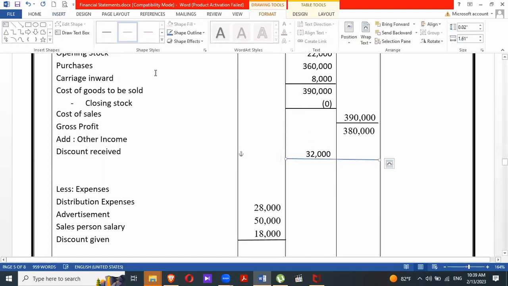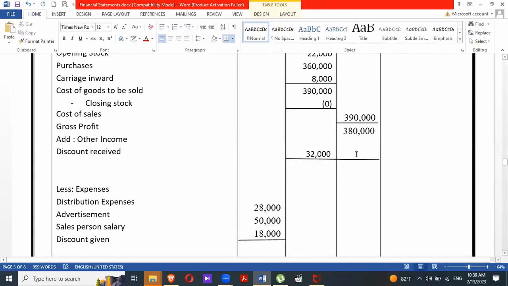Likewise, you can put 32,000 to the other side, as there's only one figure, 32,000 like this. Then you can take the summation. 380,000 plus 32,000. Here that total should be recorded. Don't miss that, right? Sometimes the marks will be given here. 380 plus 32, 412,000. Right?